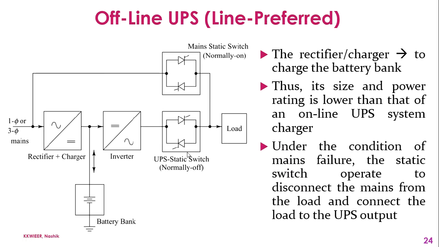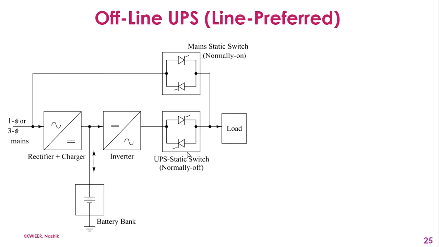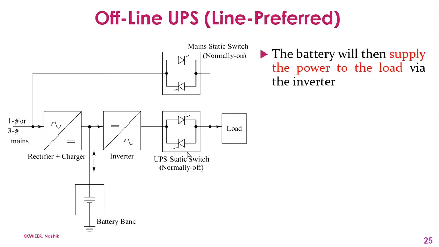Under the condition of mains failure, the static switch operates to disconnect the mains from the load and connect the load to the UPS output. The battery will then supply the power to the load via the inverter.